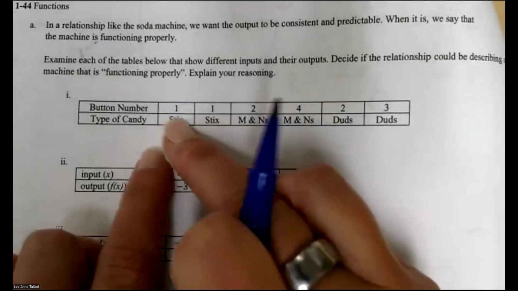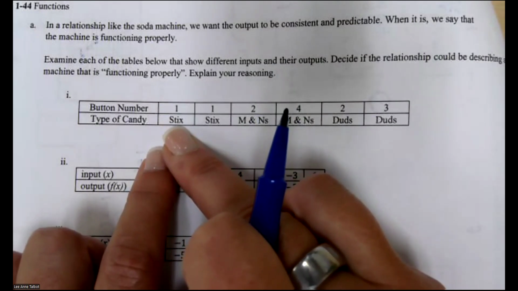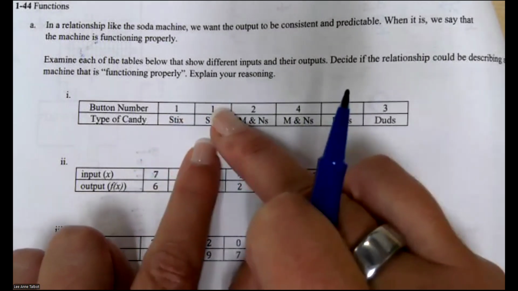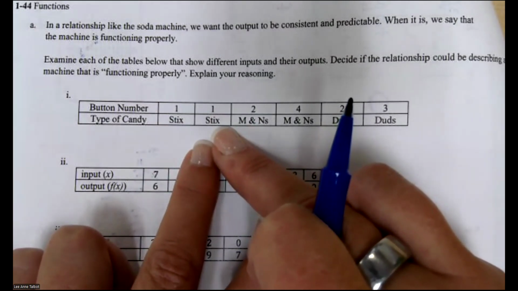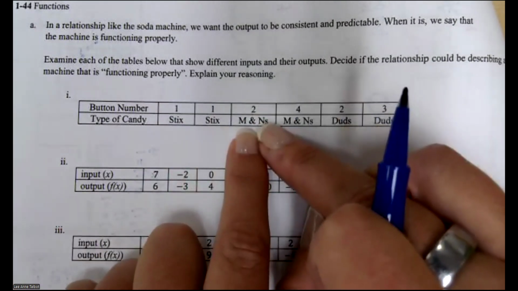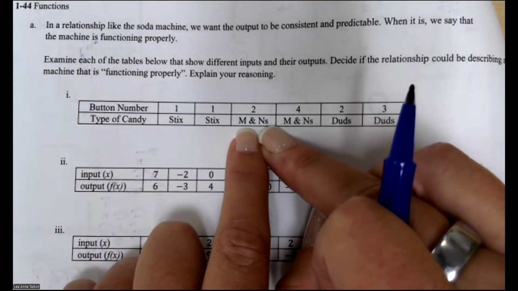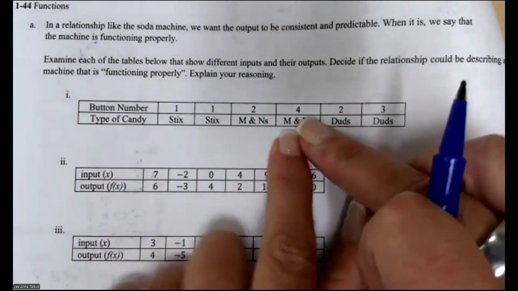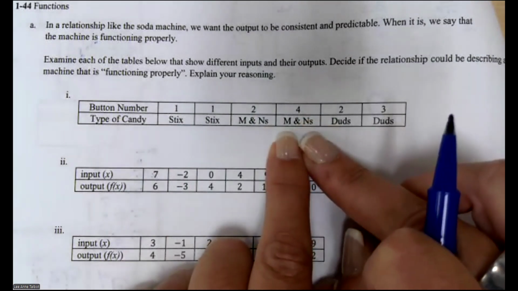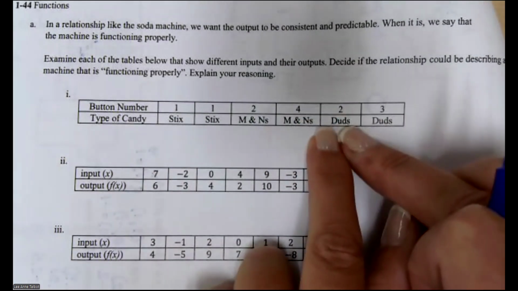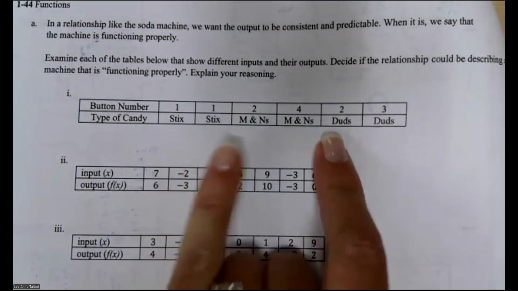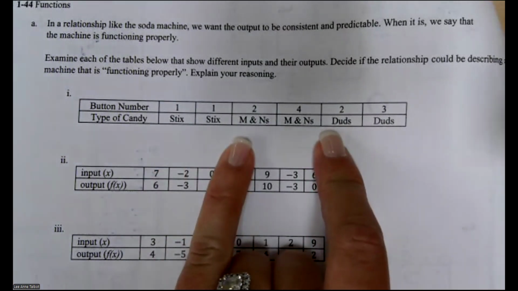So in the first one, they pushed button 1 and got a Stix, which I believe is Twix. Then they pushed button 1 and got a Stix. Then they pushed button 2 and got an M&Ms. I think CPM is trying not to get sued. And I think they push button 4 and get an M&Ms. And then they push the button 2 and get duds. Is that what you should expect from button 2? No. Okay.